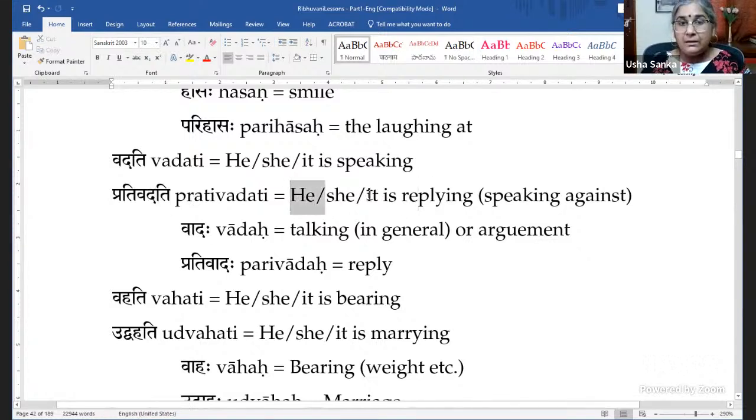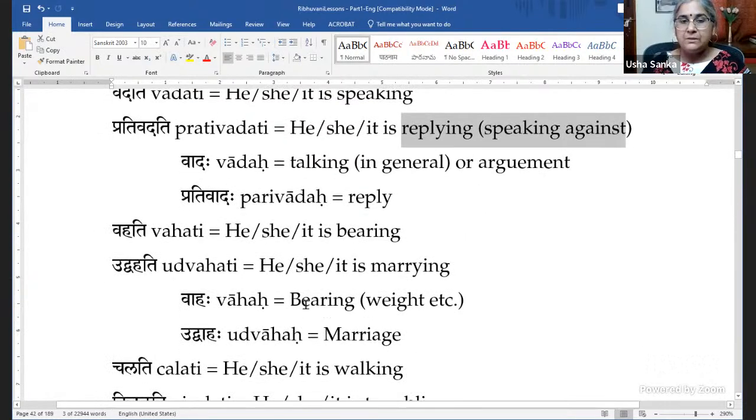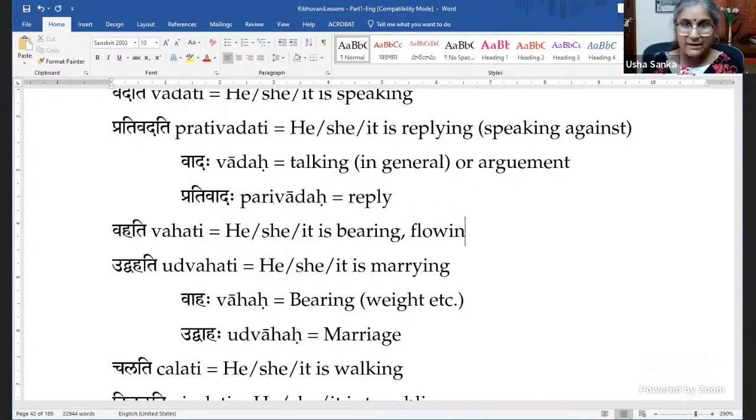Then these will change depending upon our usage. Then we have more than one meaning. So this vahati is not just bearing but also flowing. Are you aware? Nadi vahati, the river is flowing. For that we also use vahati. So it's also flowing. And you know, there is one more meaning, there is blowing.